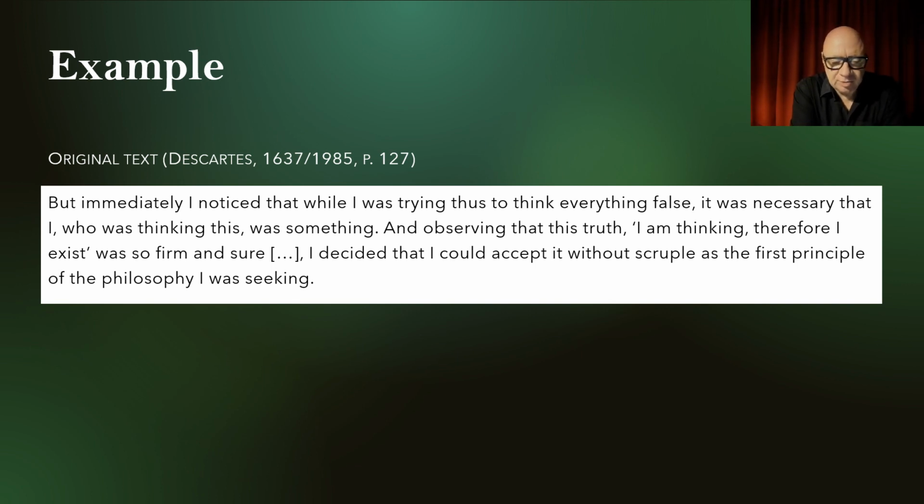And observing that this truth, I am thinking, therefore I exist, was so firm and sure, I decided that I could accept it without scruple as the first principle of the philosophy I was seeking." Now you could paraphrase this and present it as if they were your own, these ideas, this idea or set of ideas.